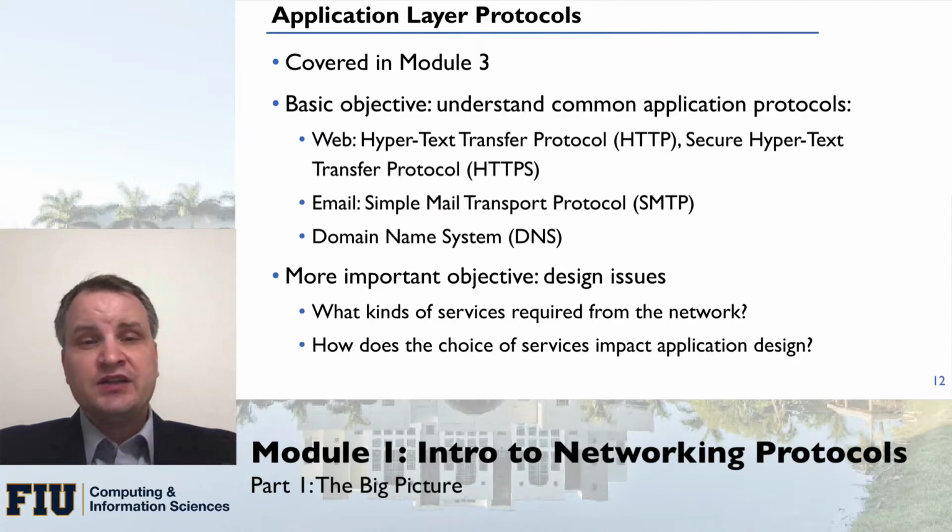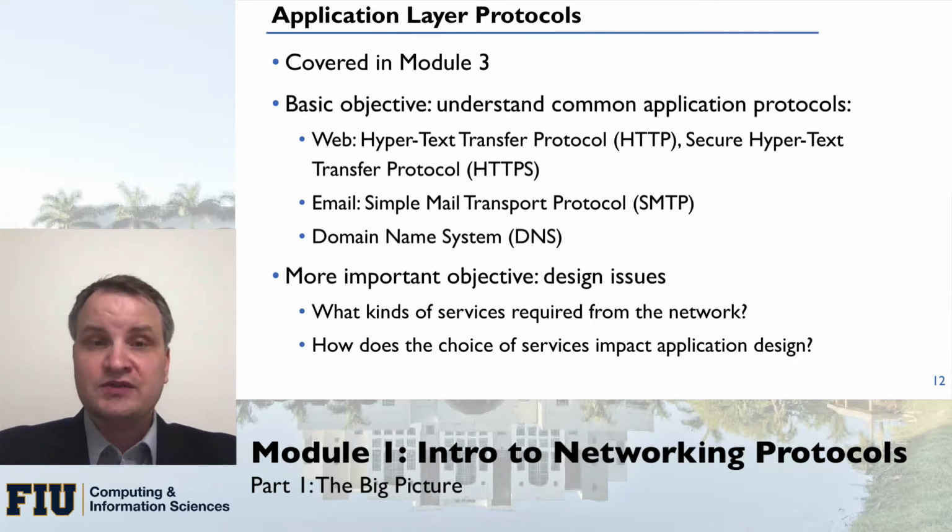There are other protocols that you may not have heard too much about, but you definitely used. One of them is SMTP. This is how we effectively send emails across the network. Even if you use Gmail, behind the scenes Gmail uses the SMTP protocol to send messages back and forth.